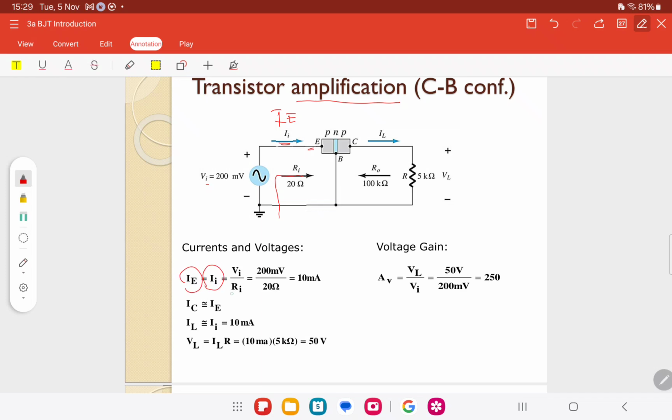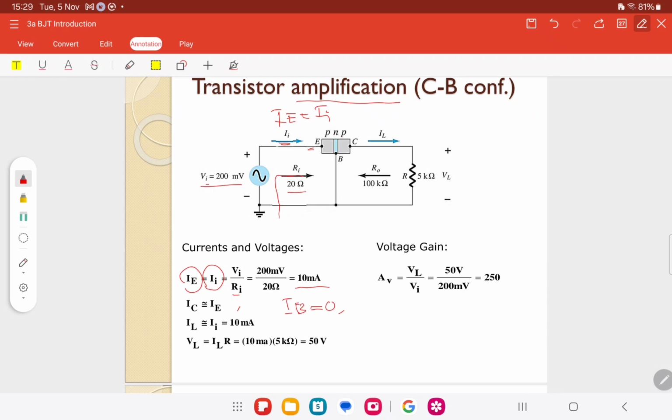Ataupun IE equals to V over R. So this value V, this value of resistor kan. So we can get the value of IE.